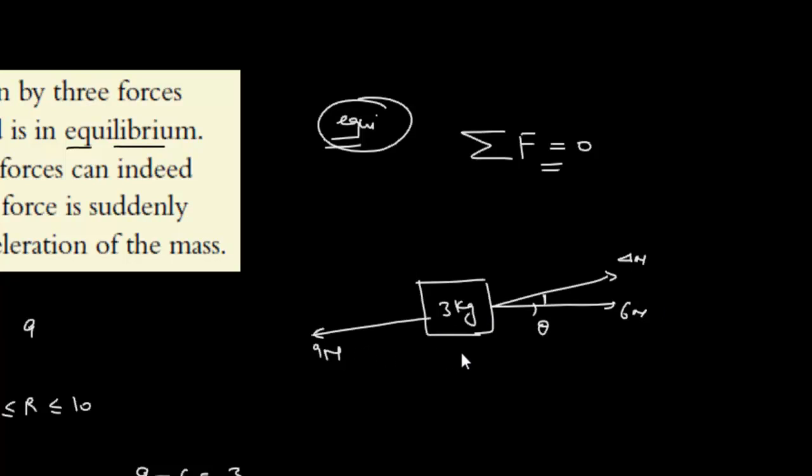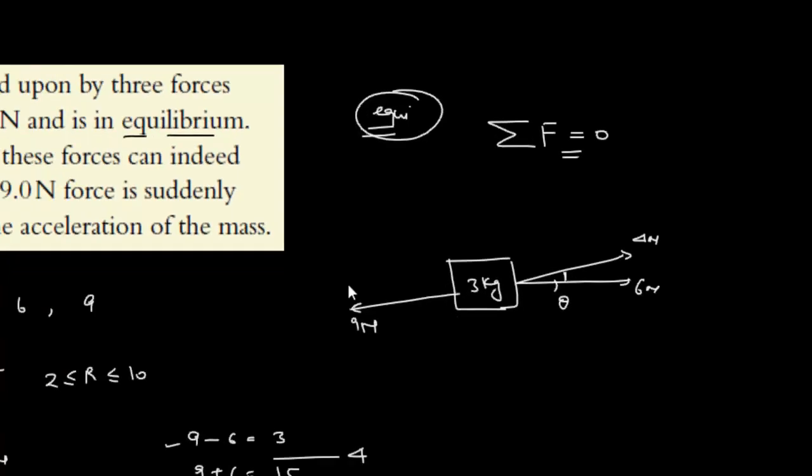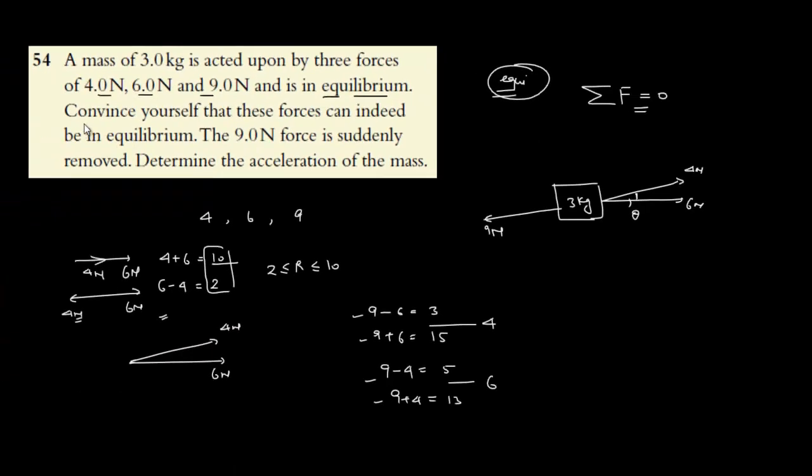Only under such a situation will the block of mass 3 kg be in equilibrium. So the first part, in which he is saying convince yourself that these forces can indeed be in equilibrium, the forces must be applied in such a way.